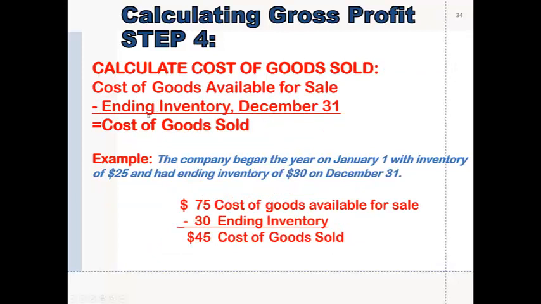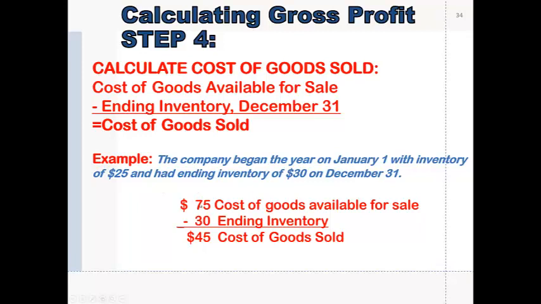Now if we subtract out the ending inventory from that figure, we'll get our cost of goods sold. So we had $75 in goods available for sale. Our problem tells us that we have $30 in ending inventory. So that means that the goods we sold cost us $45. So let's look at that again, because this is a real important calculation.